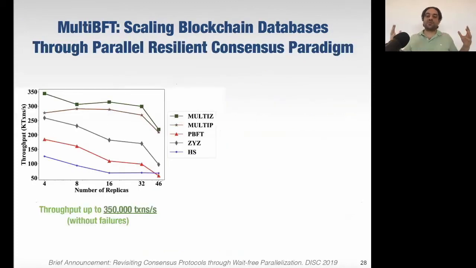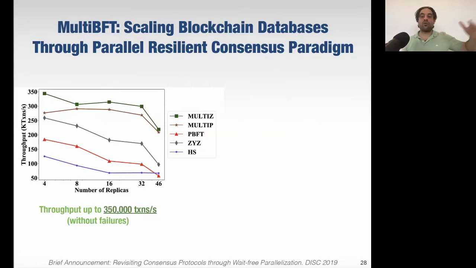Now, experimentally looking at MultiBFT in our ResilientDB platform, we can scale up to 46 replicas, that means 46 copies of the data, and reach nearly 350,000 transactions per second. To give you a point of reference, when we really started this work back in January 2018, our throughput was like 100, 200 transactions per second.